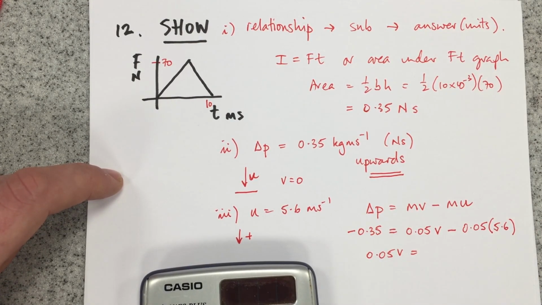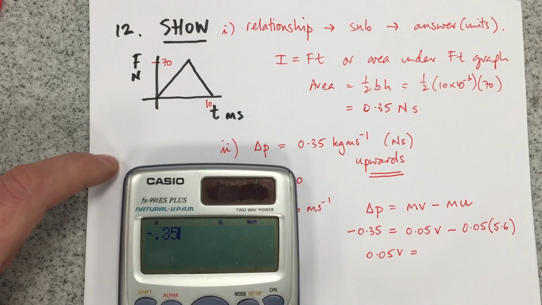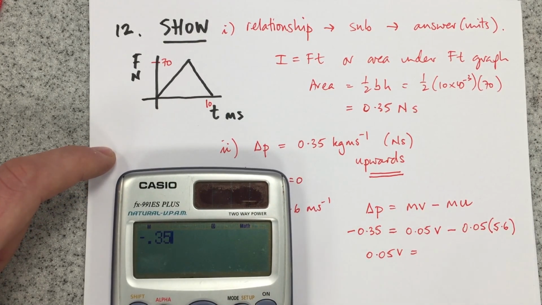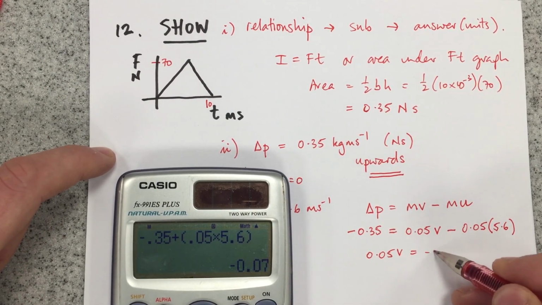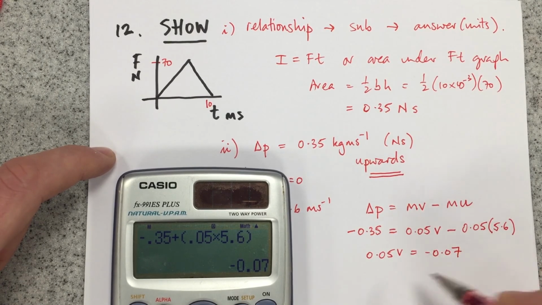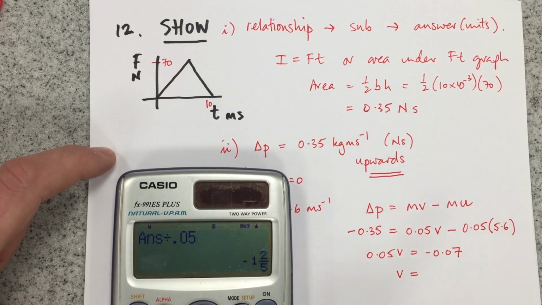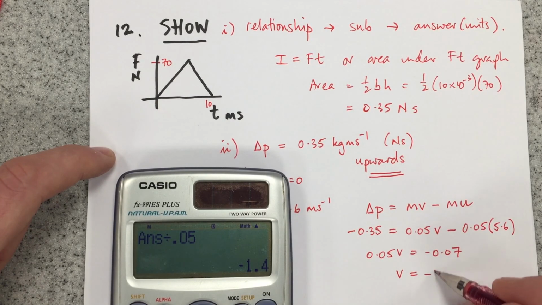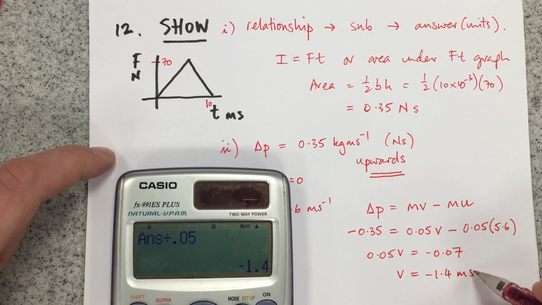So you have negative 0.35 plus 0.05 times 5.6, which gives you negative 0.07. So the final velocity is equal to negative 0.07 divided by 0.05, which is negative 1.4 meters per second.